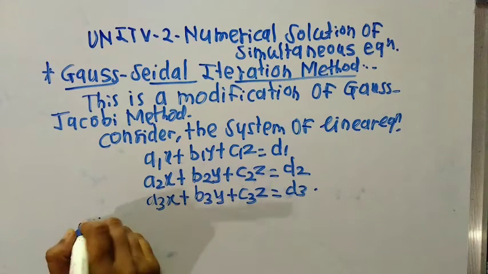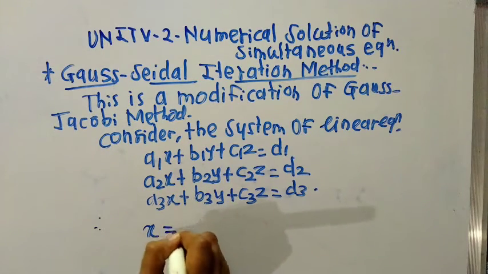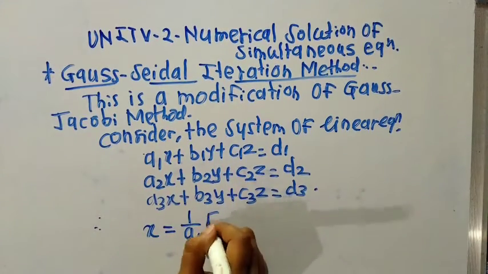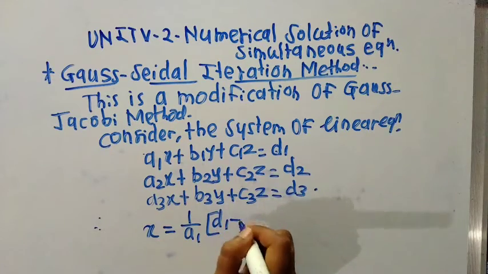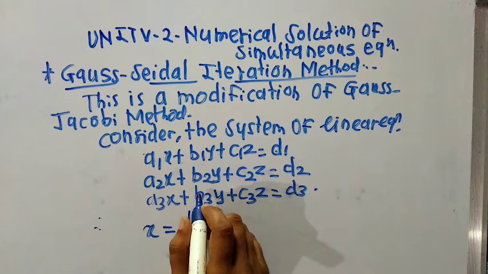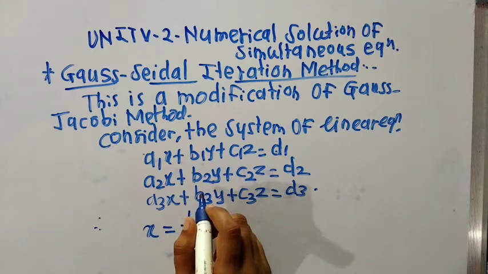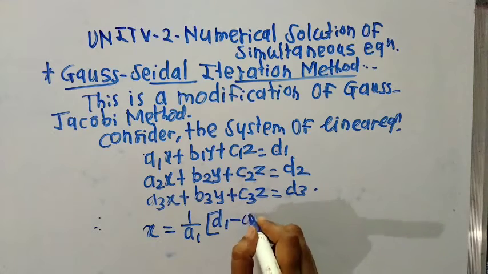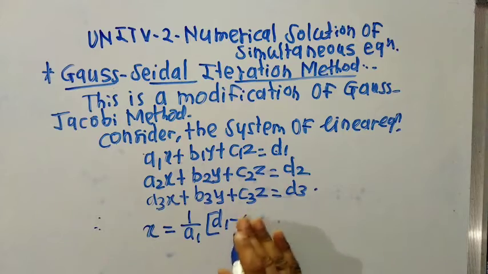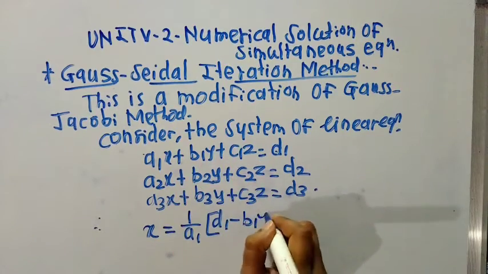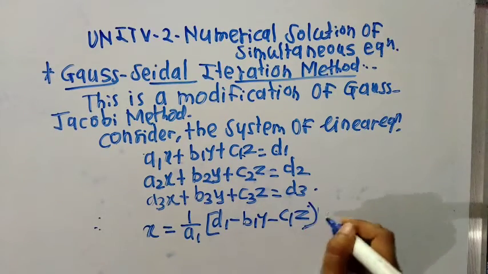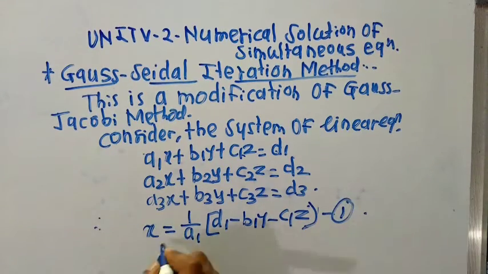Then it is written as x is equal to 1 divided by a1 into d1 minus b1y minus c1z. This is the first equation.